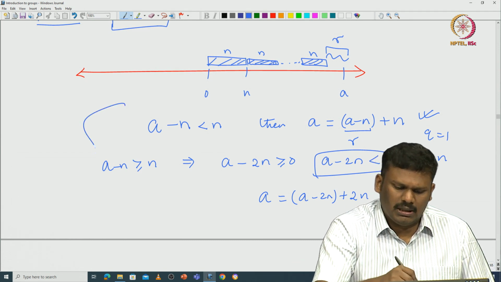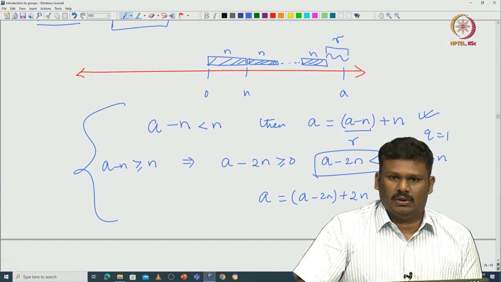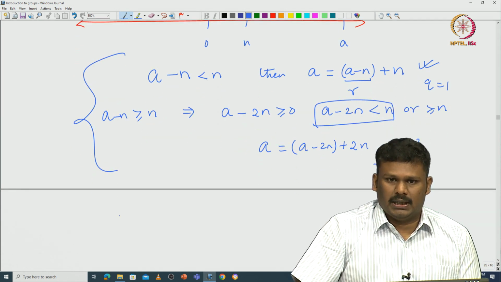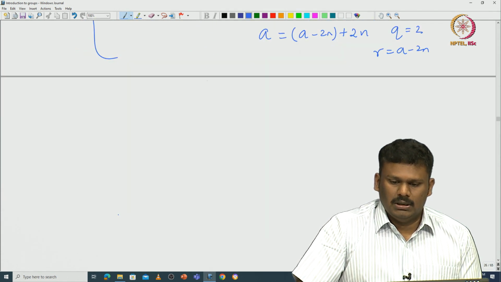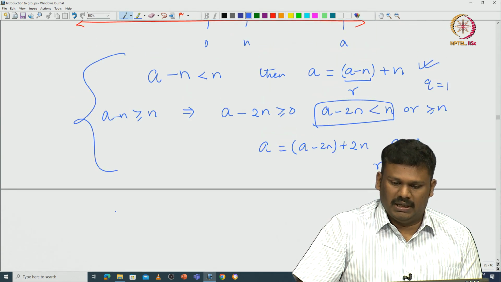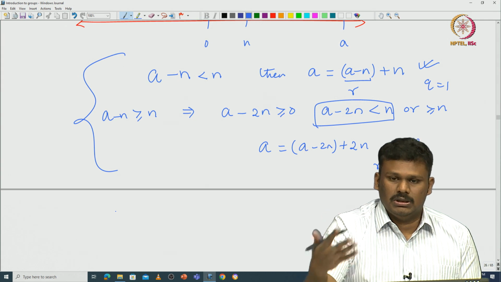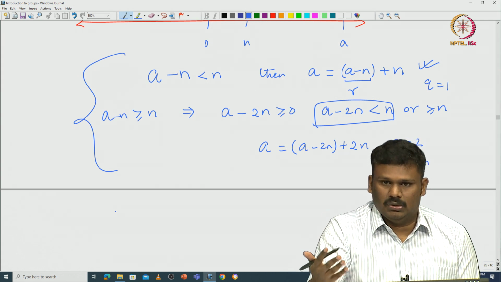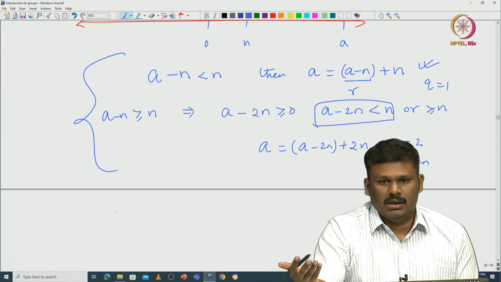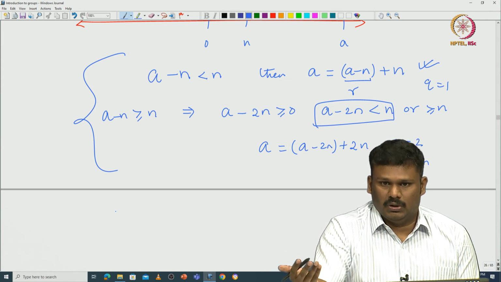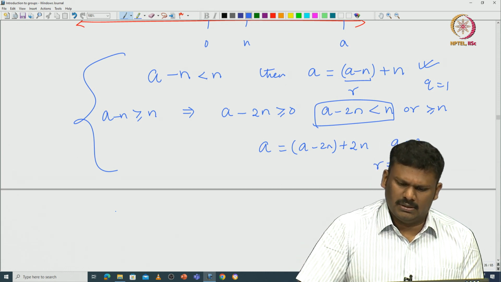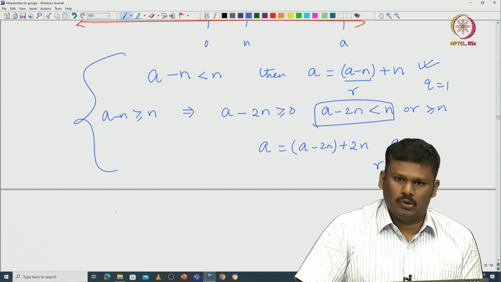Algorithmically it is very clear, this is what we are doing, but how does one write down the proof? You have to put it mathematically. Whenever you want to write anything mathematically, try to construct sets that satisfy some property, and then look for something, and whatever you are looking for will give you the result. Here we are looking for the remainder and quotient.